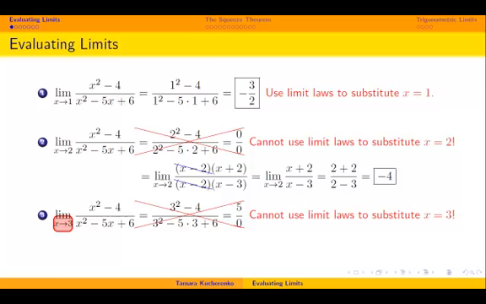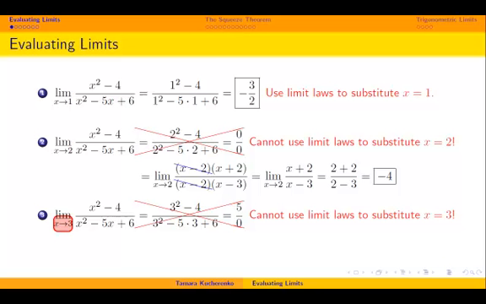The denominator is 0 at the limiting point 3, same as in the previous example. However, this time the numerator is not 0 at 3. Therefore, we cannot factor out the term x minus 3 from the numerator and cannot cancel it.